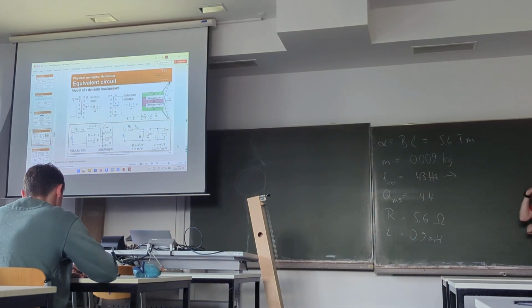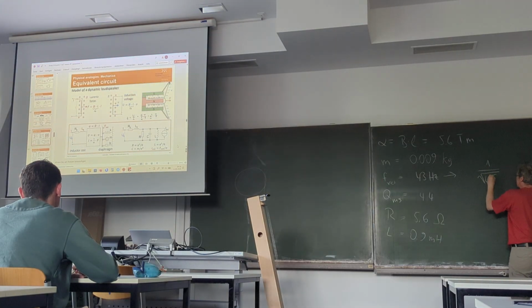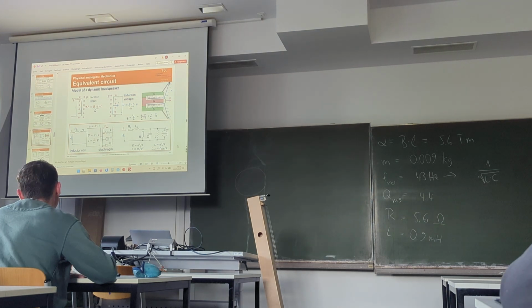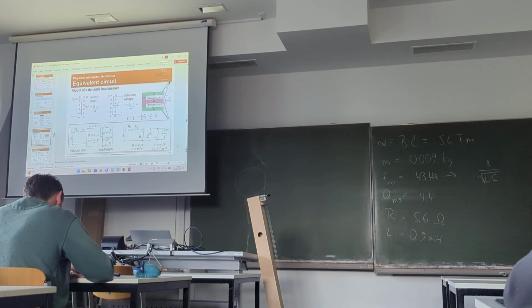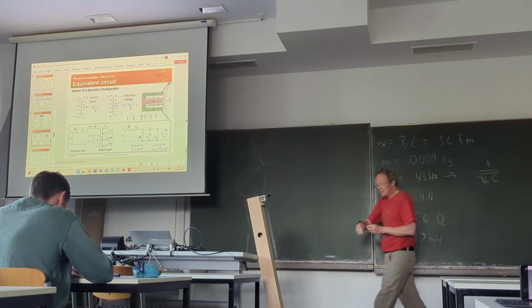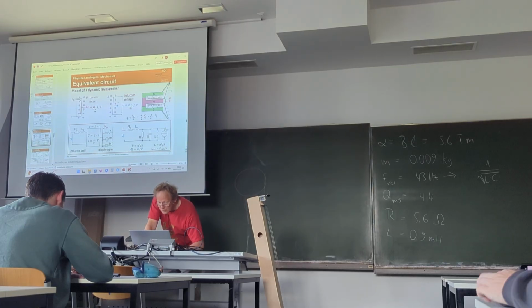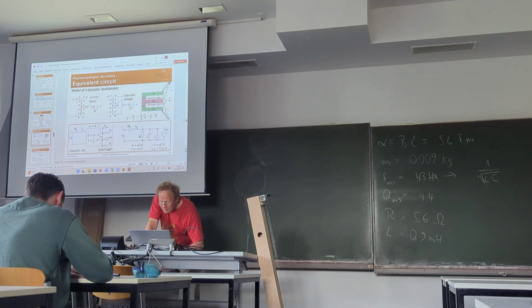The electric resonant frequency of an L and a C is 1 over the square root of L times C. And we're here in the so-called Fi analogy. It's not just the analogy, it's a real coupling, so we have to use this Fi transformation. And here, the capacity corresponds to the mass. Mass and capacity are proportional.